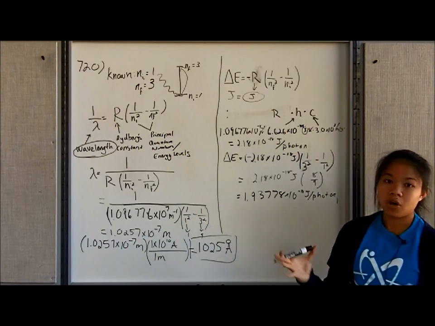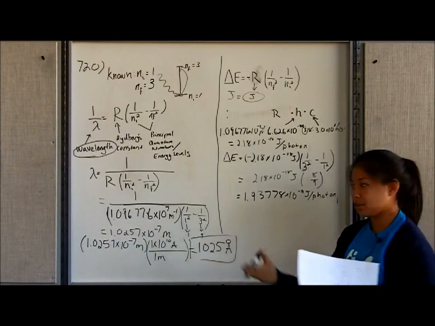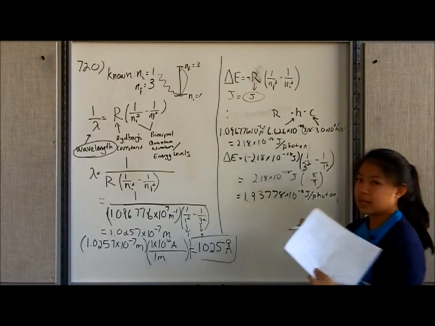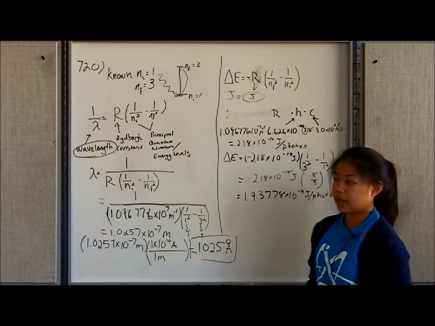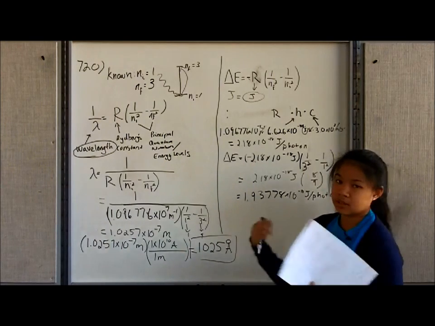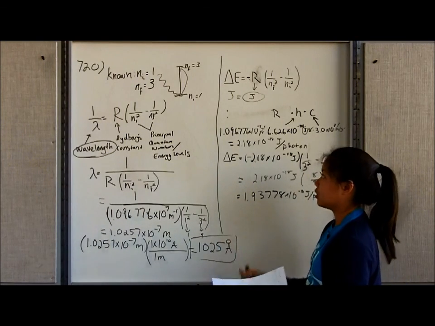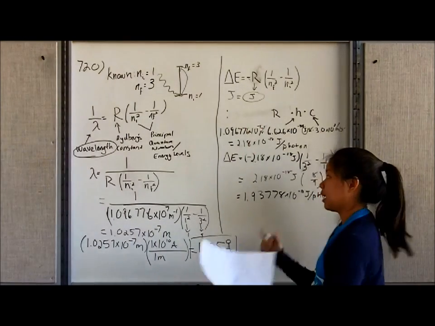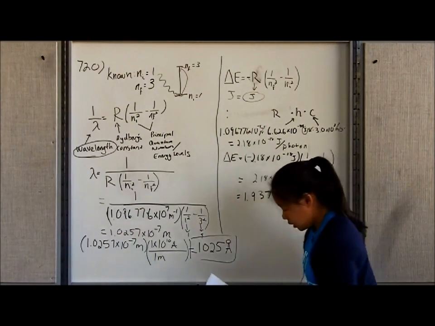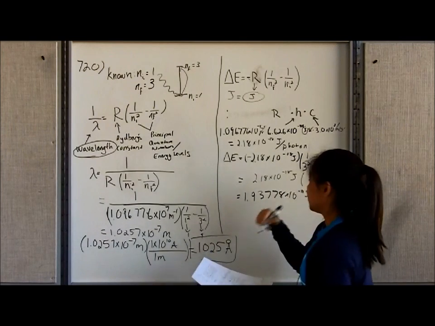So make sure you always use your logic and think all the answers out when you get them, because if you do that, you'll definitely get the right answer. If it's negative, that means that it's losing energy. If it's positive, that means that it's gaining energy. And because it's transitioning to a higher energy state, then you know that it is gaining energy to get to the higher energy state. So now the trick is to get it into moles.